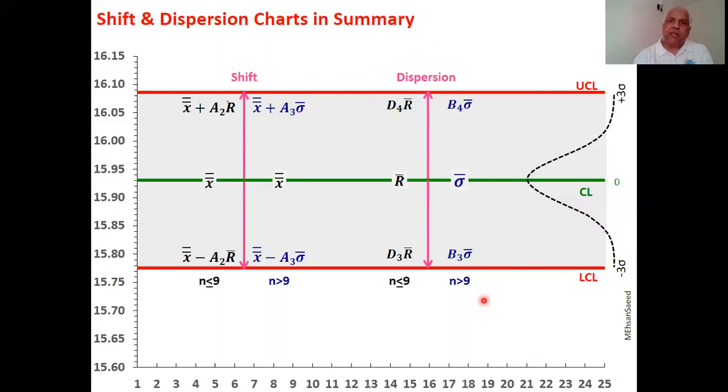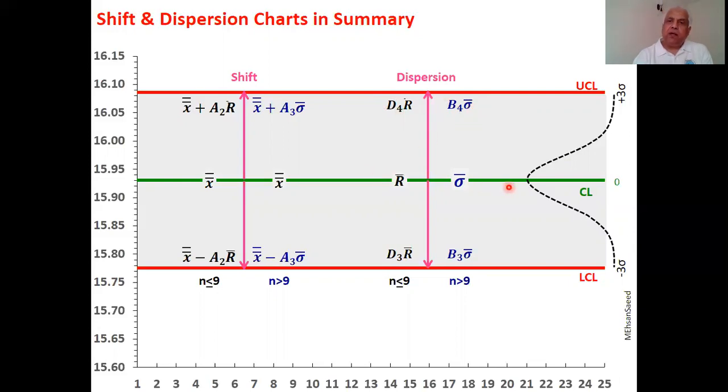Coming to dispersion chart, again, depending upon the sample size, we have different charts. If the sample size is less than 10, then the constant to use is D4. And if it is 10 or more, it is B4. Over here, we use the range bar, and over here, we use the sigma bar.